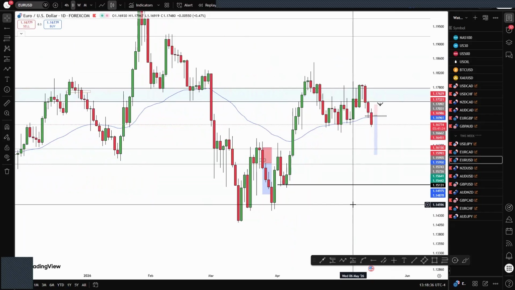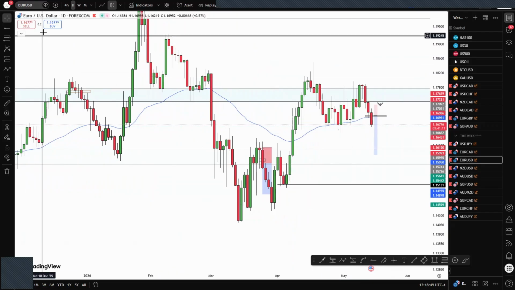So I would have taken a trade here, but this would have been a big trade. Let's say if I took this sell, and yes, the weekly is bearish and the 4 hour is bearish, so I can sell.